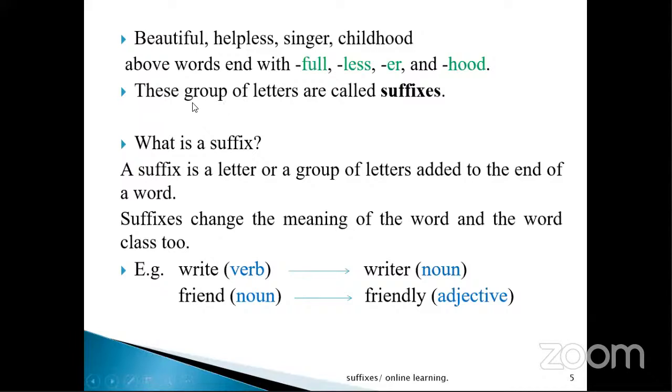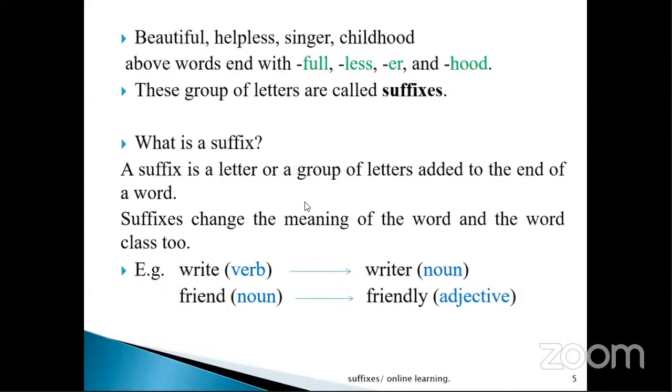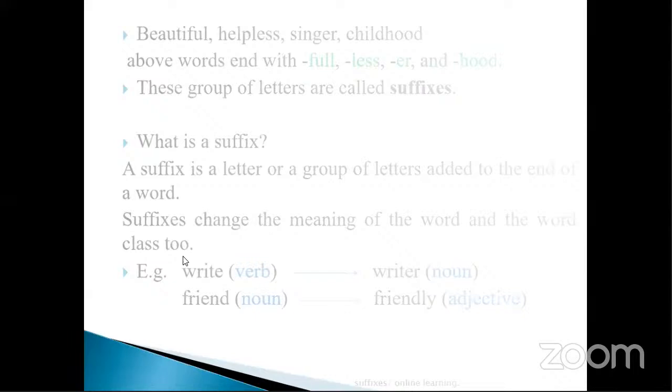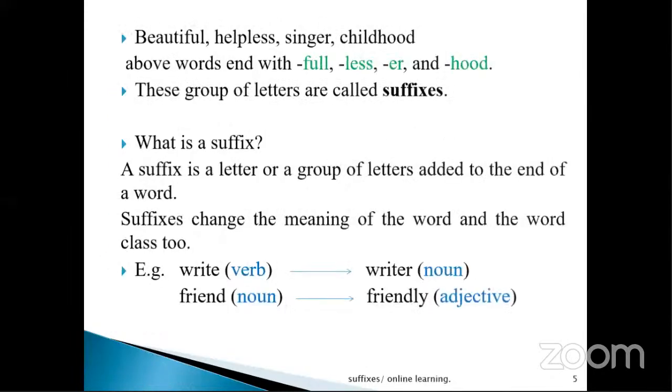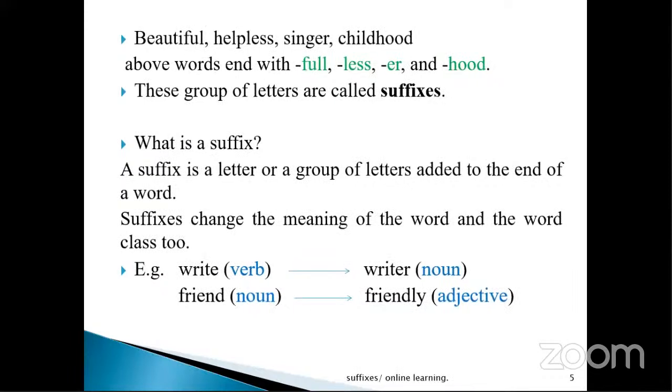And look at these examples: beautiful, helpless, singer, childhood. In these words we can see some group of letters at the end. So the suffix is a letter or a group of letters added to the end of a word.